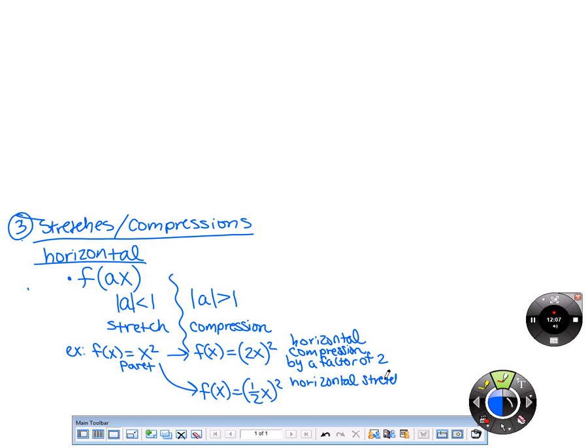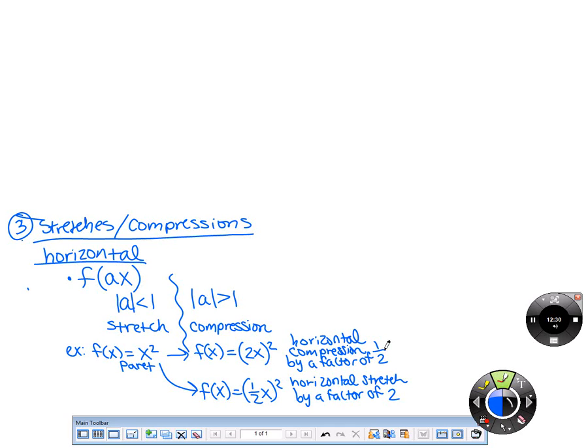So this is a horizontal stretch by a factor of, it's kind of hard to call it a stretch and then say it's a factor of 1/2. So sometimes because they say it's a stretch, you'll list it as the reciprocal. So you might say by a factor of 2 still. Okay? And here you might say 1/2.